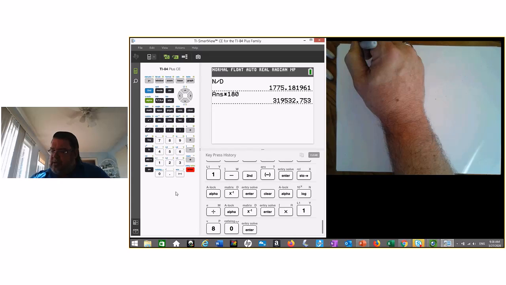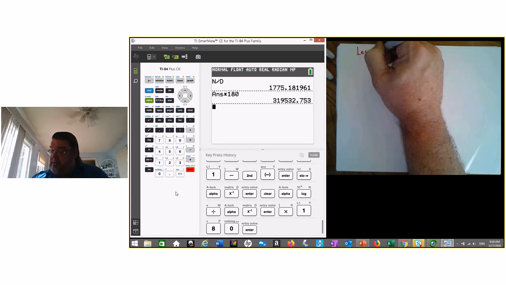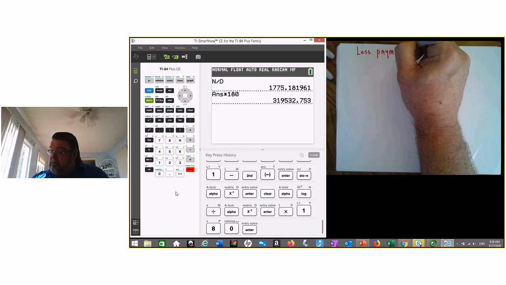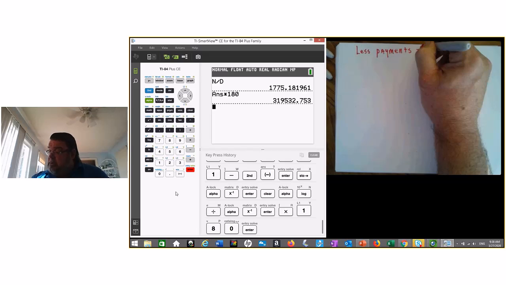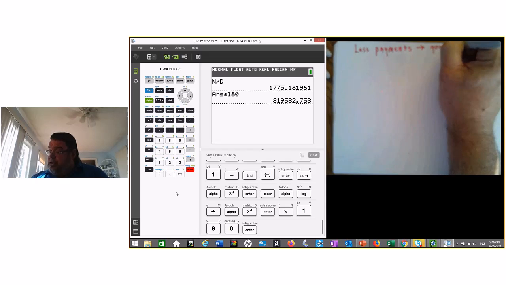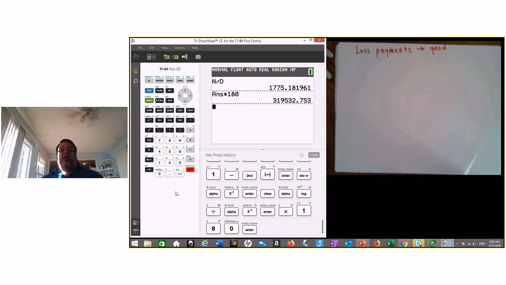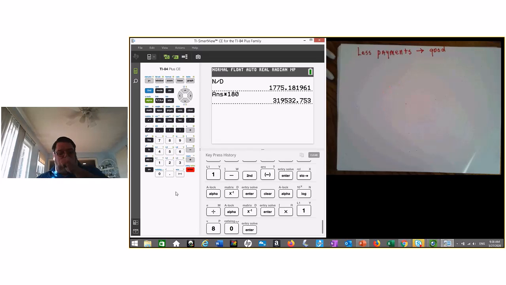Less payments is good. Okay? Less payments is good. Now, you may not like the monthly payment.